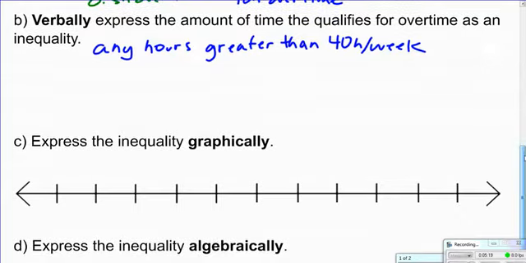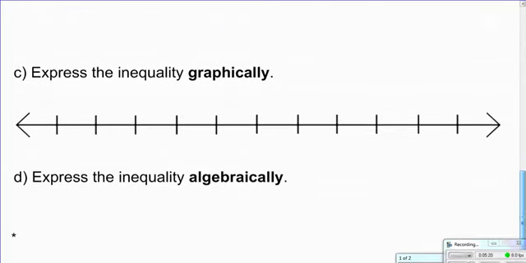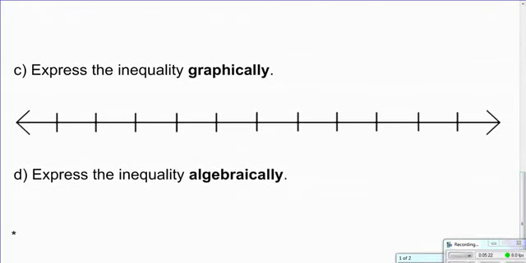So then we're going to show it graphically, and noticing that we're only using a number line now instead of a coordinate grid. What's relevant on the number line is the 40 hours. We could show other numbers, so maybe we start at 0 hours, so 10, 20, 30, 40, 50.